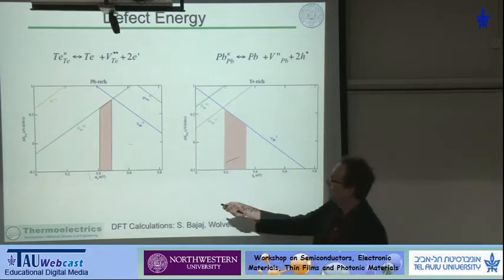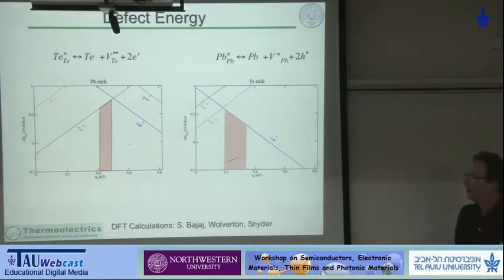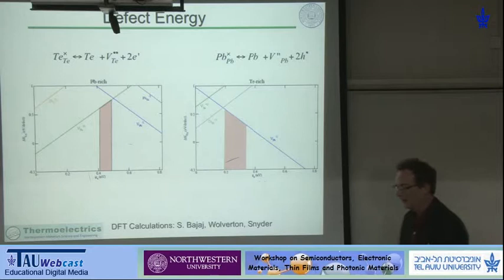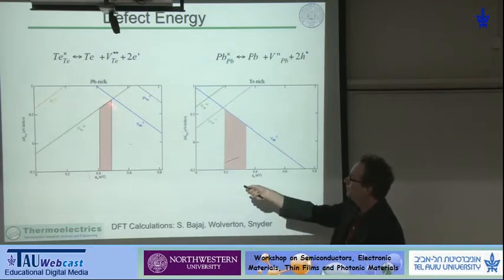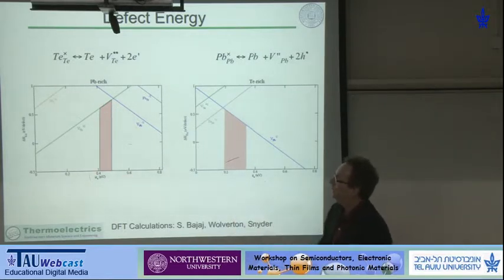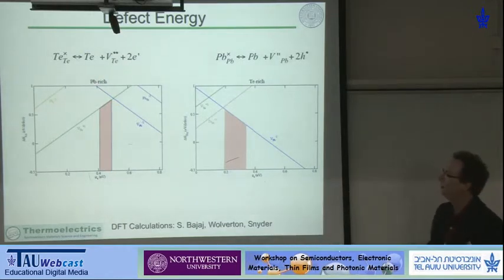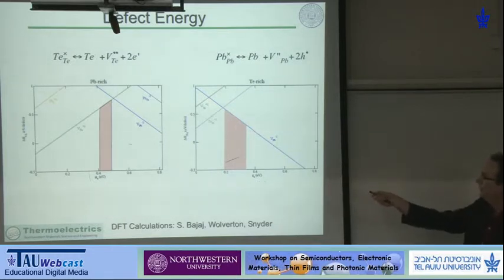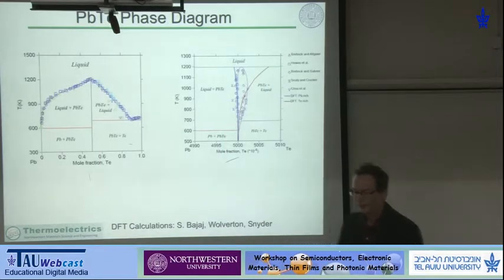So we can, for example, calculate the enthalpy of each defect as a function of the Fermi level or electron chemical potential, and we can predict what types of defects will form when we're in the band gap region. And so in lead-rich, we can calculate indeed that we have tellurium vacancies. In the tellurium-rich regime, we can calculate that we have the lead vacancies as the predominant type of defect.